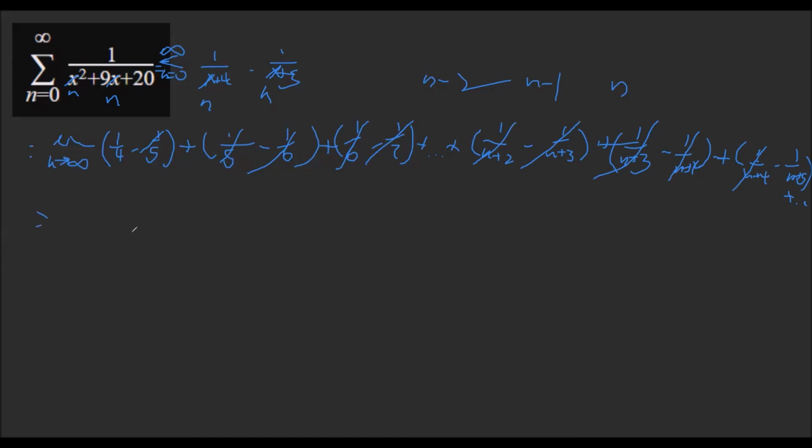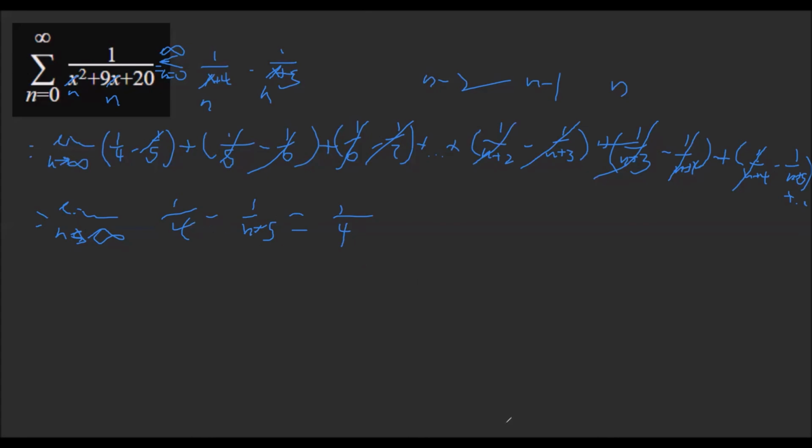So we can equate what we have so far to the limit as n approaches infinity of 1/4 minus 1 over n plus 5. As you can see, those are the only 2 terms that have not yet been simplified, because they can't. And this is equal to 1/4, because if we were to substitute infinity in place of n, we'd end up with 1 over infinity, which is 0.